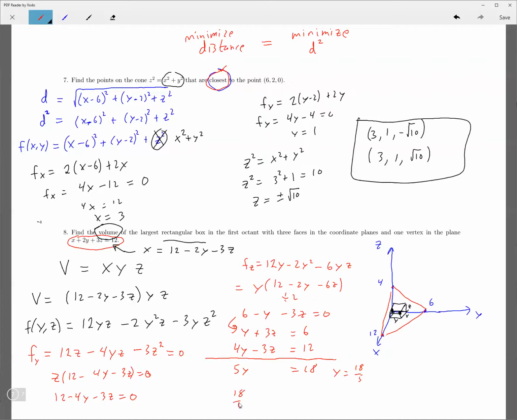I'm plugging into this equation here: 18/5 plus 3z equals 6, which is the same as 30 over 5. Okay, so 3z equals 12 over 5. That means z is 4/5.